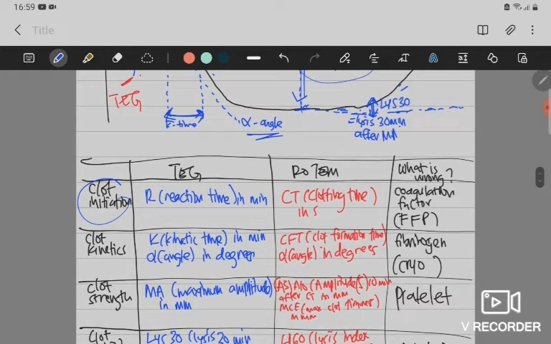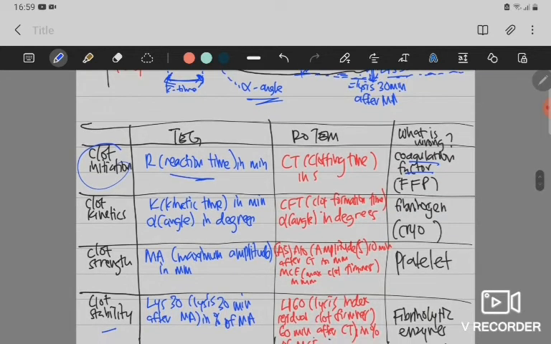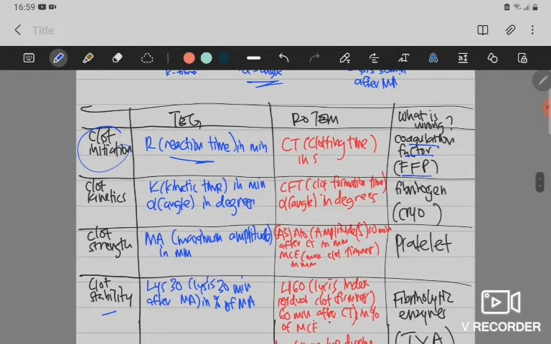If there's any prolongation of the R time, it just means there's some problem with the coagulation factors. There's an easier way to remember, I'll show you later. Basically, most of the time if there's a problem with this R time, we give FFP.